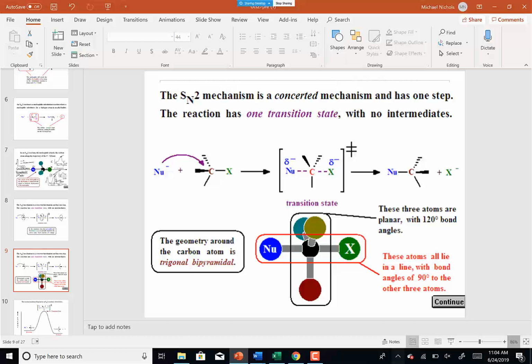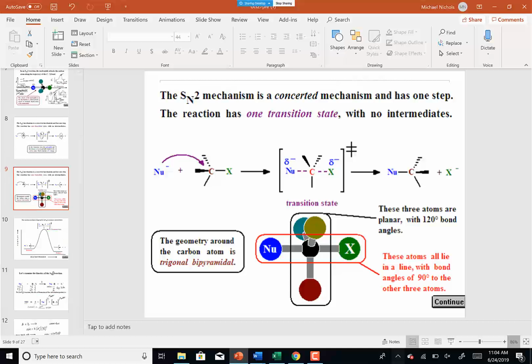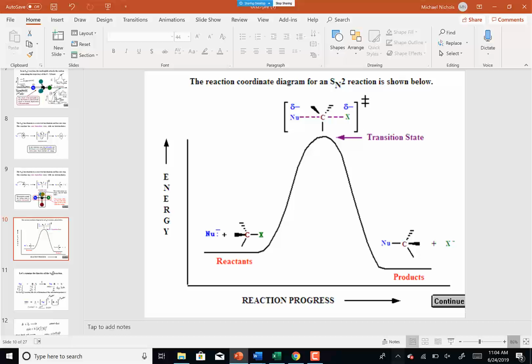Is it front side or back side attack? Well, chirality says it's back side attack. So now everything is based on that, the idea of this transition state. Can I ever put this transition state in a bottle and study it? No, I can't. But it makes sense. And that transition state is what is at the top of the energy diagram.